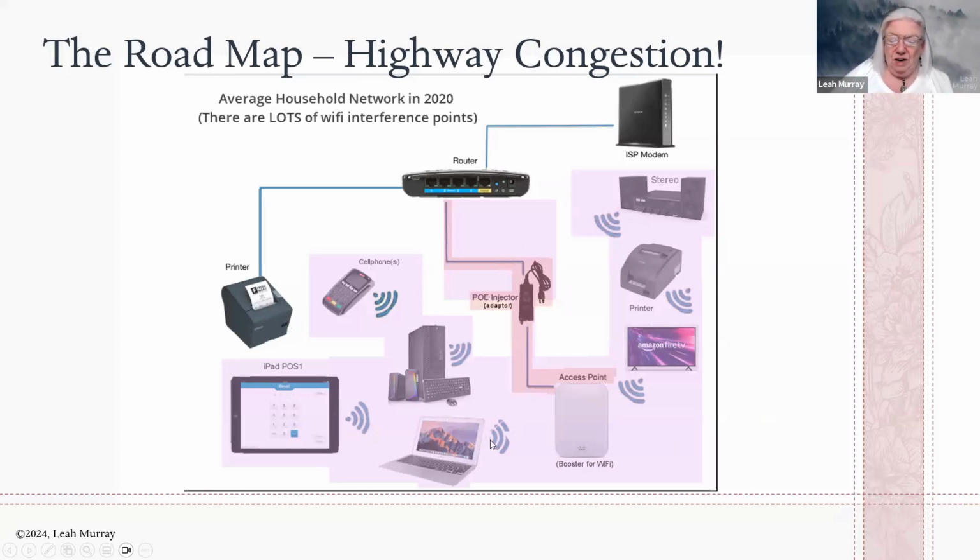And if you're running around on Zoom, you end up with your laptop and your computer lagging, all because they're fighting with each other here. When they actually make it to the access point, they're then fighting for space in this single pipe to get back to the router and get out to the internet.